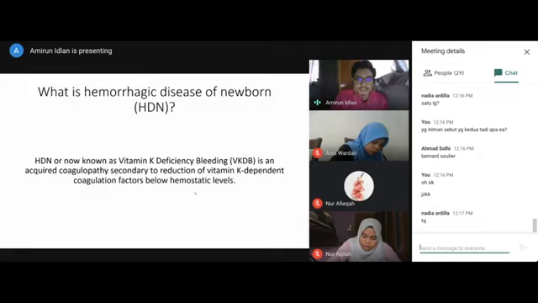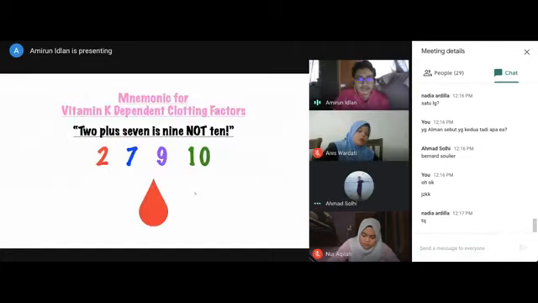This is a mnemonic that you must remember for this presentation. Vitamin K is very important in our coagulation cascade. It is important for factor 2, which is prothrombin, 7, 9, and also 10. So this is an easy mnemonic. This mnemonic is also useful for warfarin, which is also known as an anti-vitamin K.